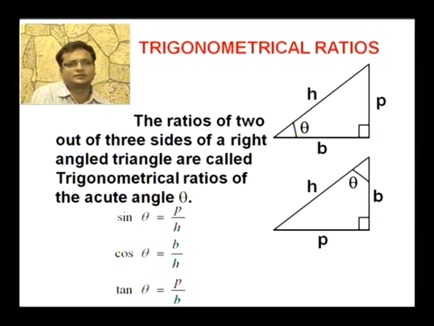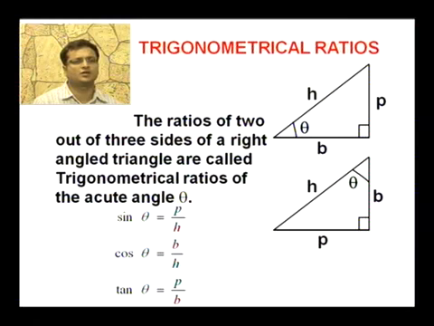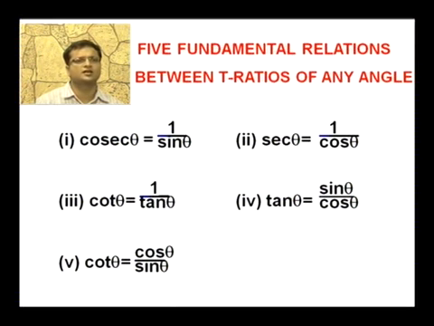Sin theta is perpendicular upon hypotenuse, cos theta is base upon hypotenuse, and tan theta is perpendicular upon base. The relations between these 6 trigonometrical ratios are: cosecant theta is 1 over sin theta. Sin theta is perpendicular upon hypotenuse, therefore cosecant theta is hypotenuse upon perpendicular.